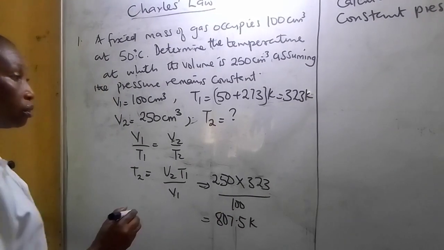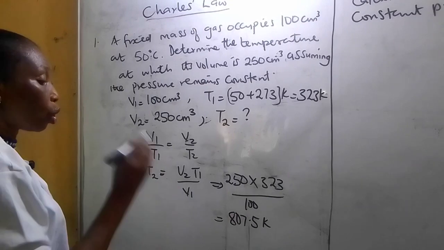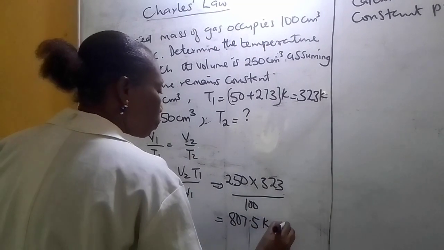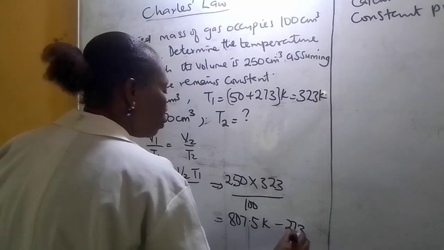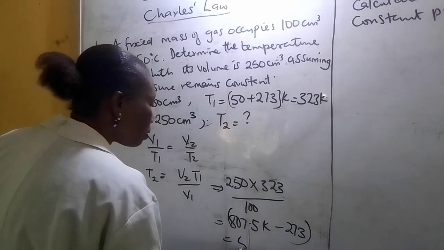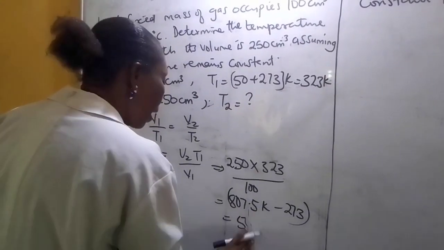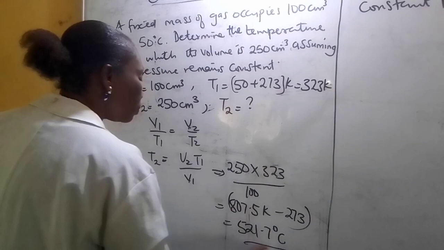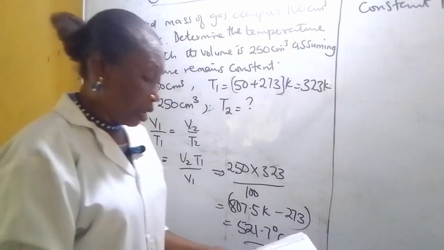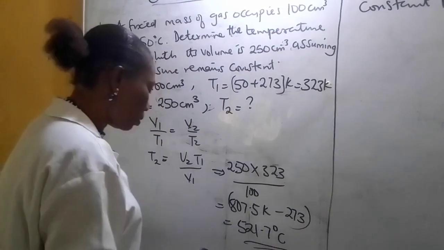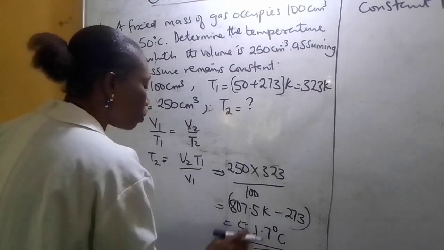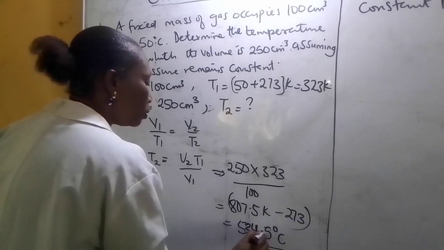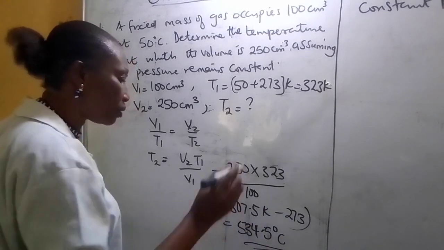If we convert this to degrees centigrade, we subtract 273 from it, and that will give us 534.5 degrees centigrade.